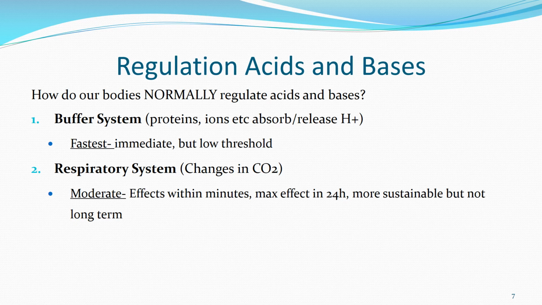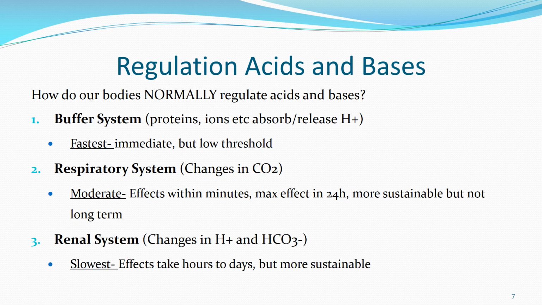But we can't change our breathing pattern forever. So even our respiratory system doesn't regulate the pH indefinitely. It usually can only compensate for up to a day, but not long term. So what system can try to correct a pH longer term? Well, that is our renal system. Our kidneys can step in and make changes to hydrogen ions. Remember, hydrogen ions directly relate to pH.